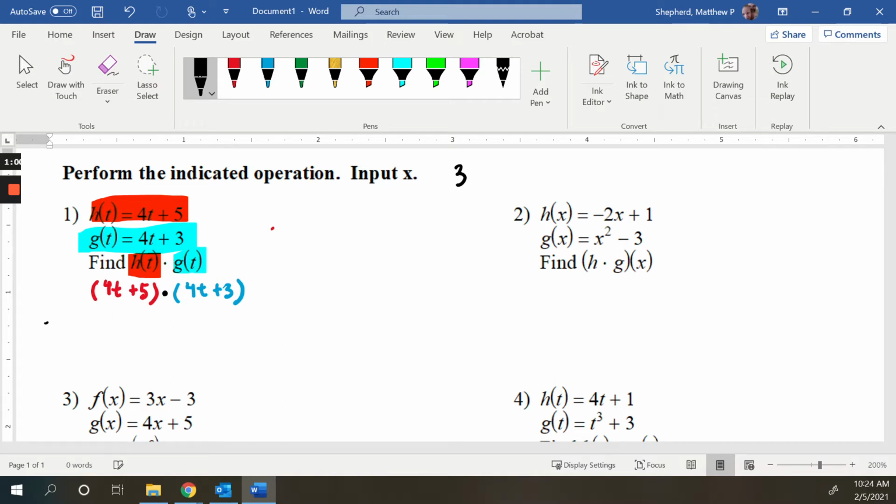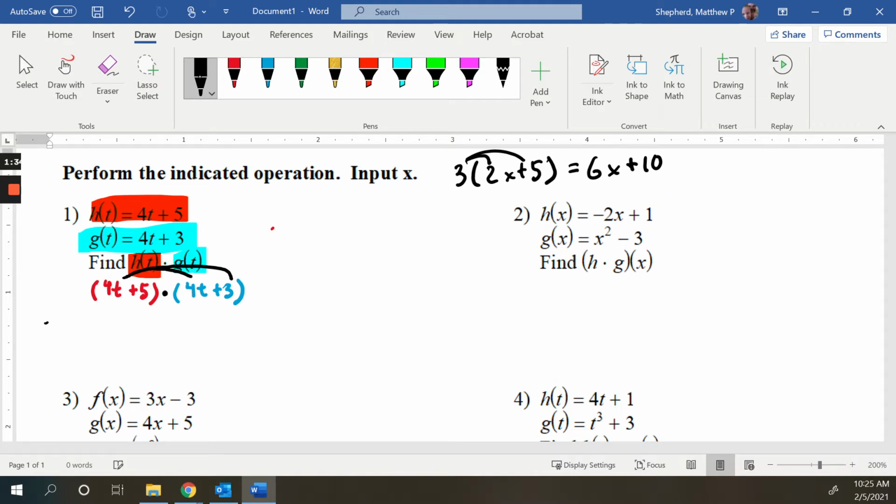This multiplication is going to look a lot like the distributive property you've done before, where we would multiply this number outside of the parentheses by both of the numbers on the inside. However, notice over here in red, we've got two terms that are multiplying the two terms inside of those parentheses. So we are going to first start with that 4t.